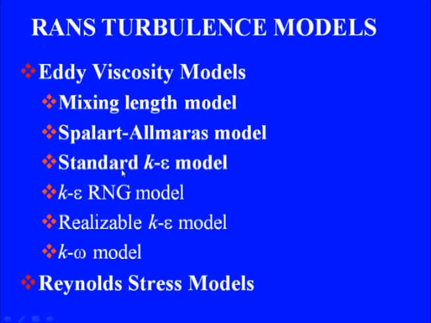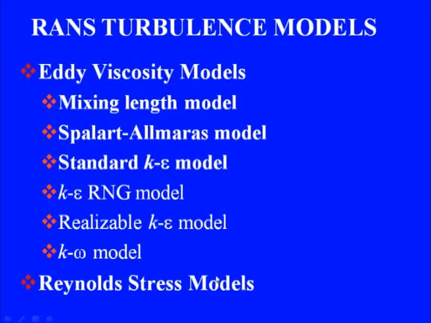We will discuss only one representative model today, the standard k-epsilon model. The Reynolds stress model works directly on the transport equations of the Reynolds stresses, obtaining them by solving a set of 6 PDEs. So the bold ones, the mixing length model, the Spalart-Allmaras model, the standard k-epsilon model, and the Reynolds stress model, are the ones we are going to look at in a bit more detail today.